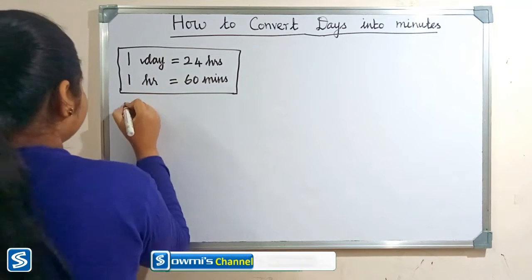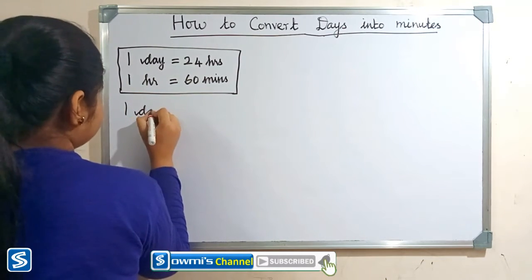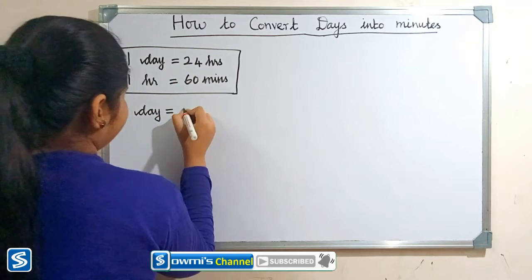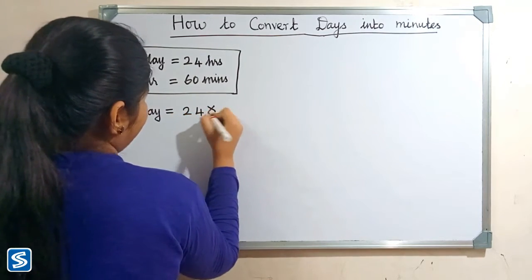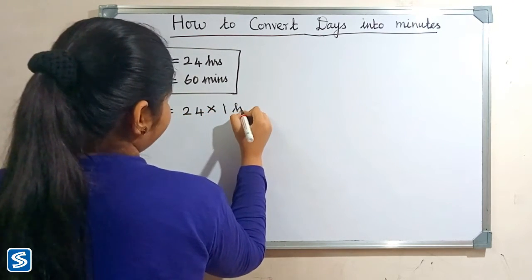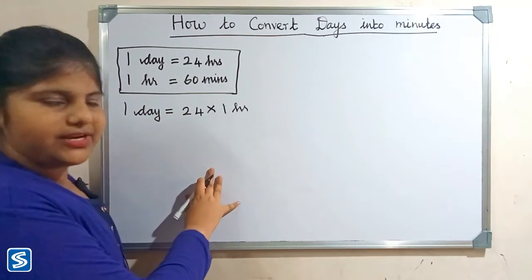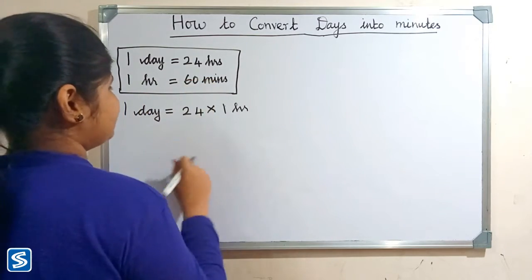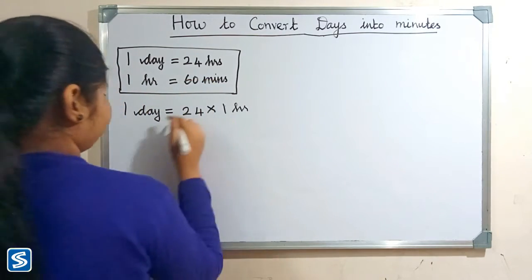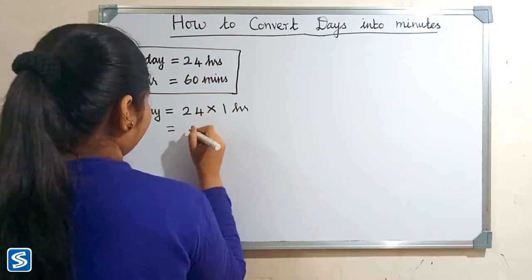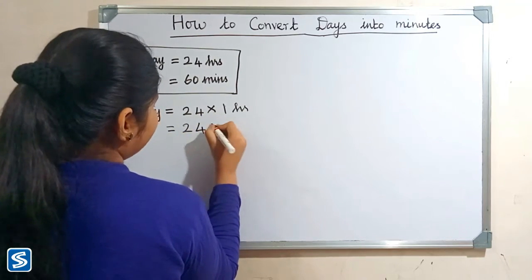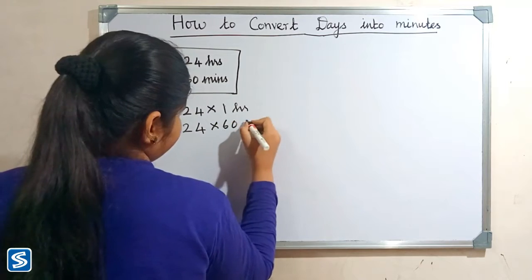So, 1 day is equal to 24 multiply 1 hour. So now we have to substitute the 60 minutes in the place of 1 hour. 24 multiply 60 minutes.